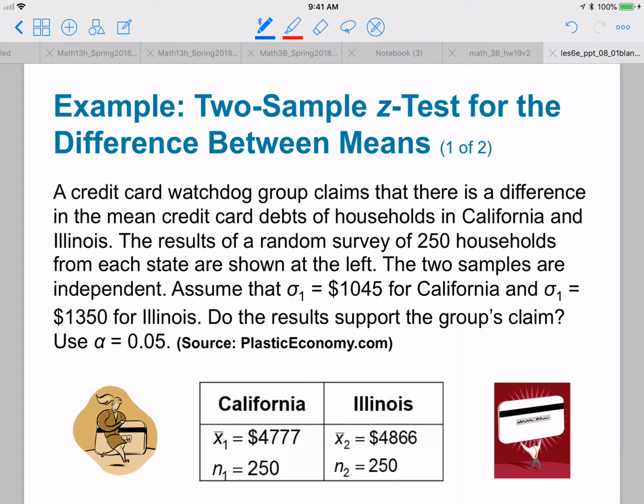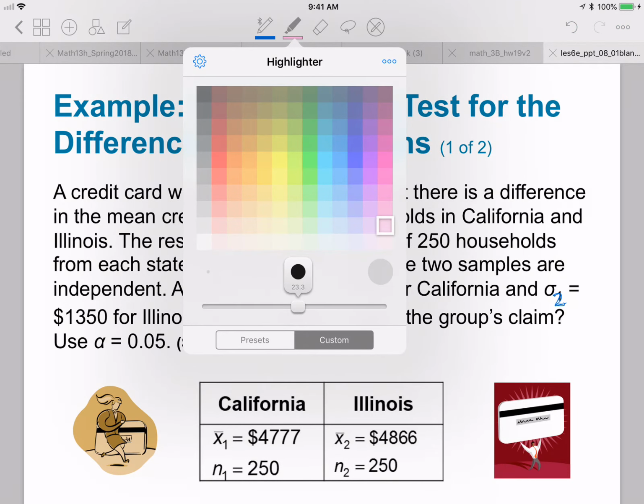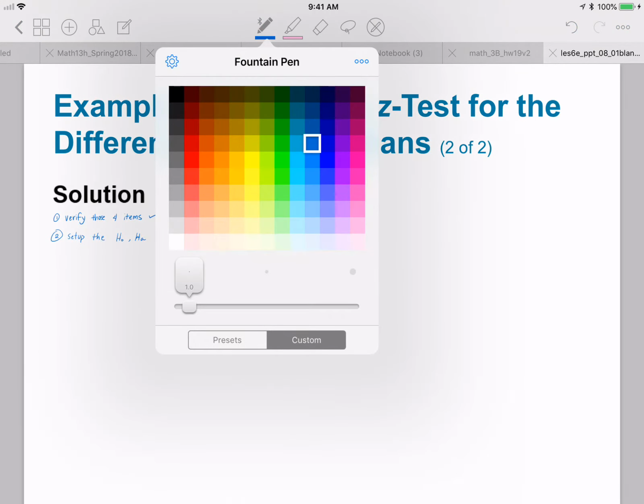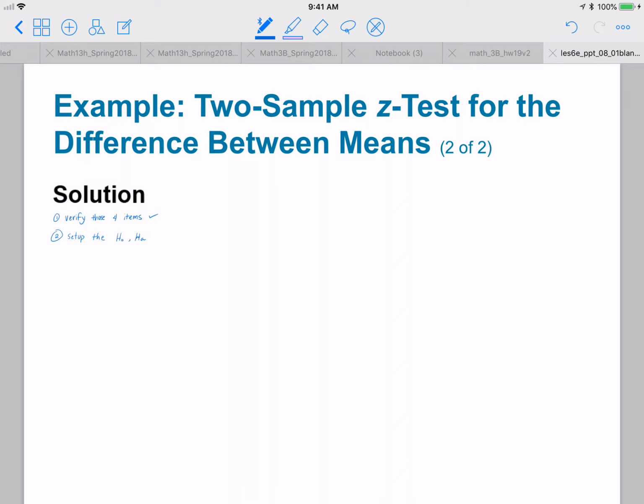The claim is there is a difference in the mean credit card debts of households in California and Illinois. Okay, so that's our claim, is that there is a difference in the mean credit card debts. So what are our population parameters that we're concerned with? So our population parameters, we can say we've got mu1.